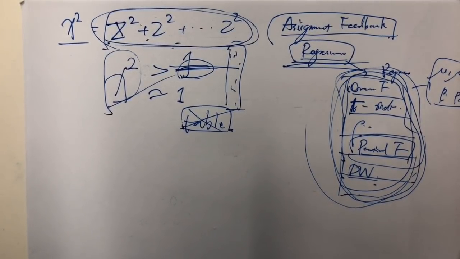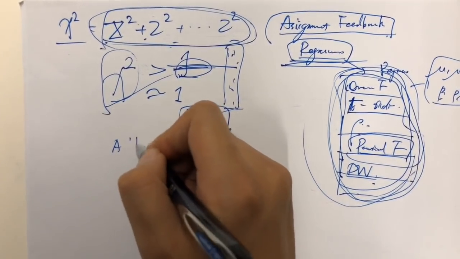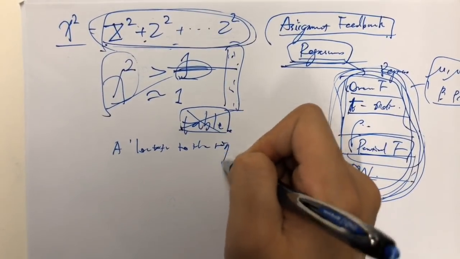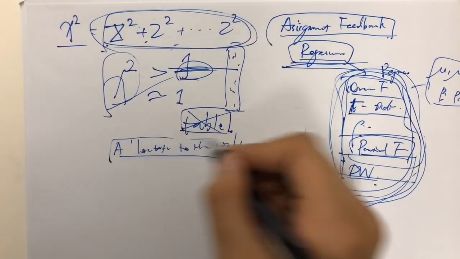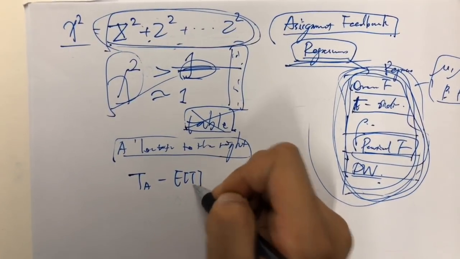What is the right-tailed Wilcoxon rank sum test? Right-tailed is whether A's location is to the right, okay? Location is to the right. In this way, you use TA minus ET, is that right?